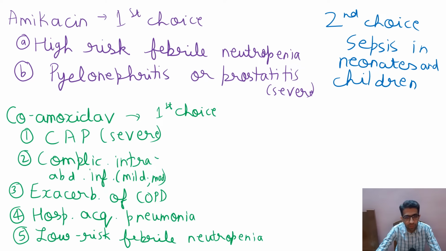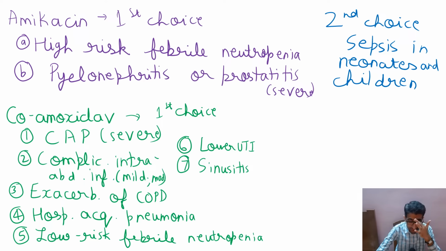Then there is upper urinary tract infection and lower urinary tract infection. So this is the first choice in lower urinary tract infections. Sinusitis, we have all the sinuses here, the frontal sinus, the ethmoid sinus, the sphenoid sinus, okay, the maxillary sinus. Clear? And it is also the first line drug in skin and soft tissue infections.